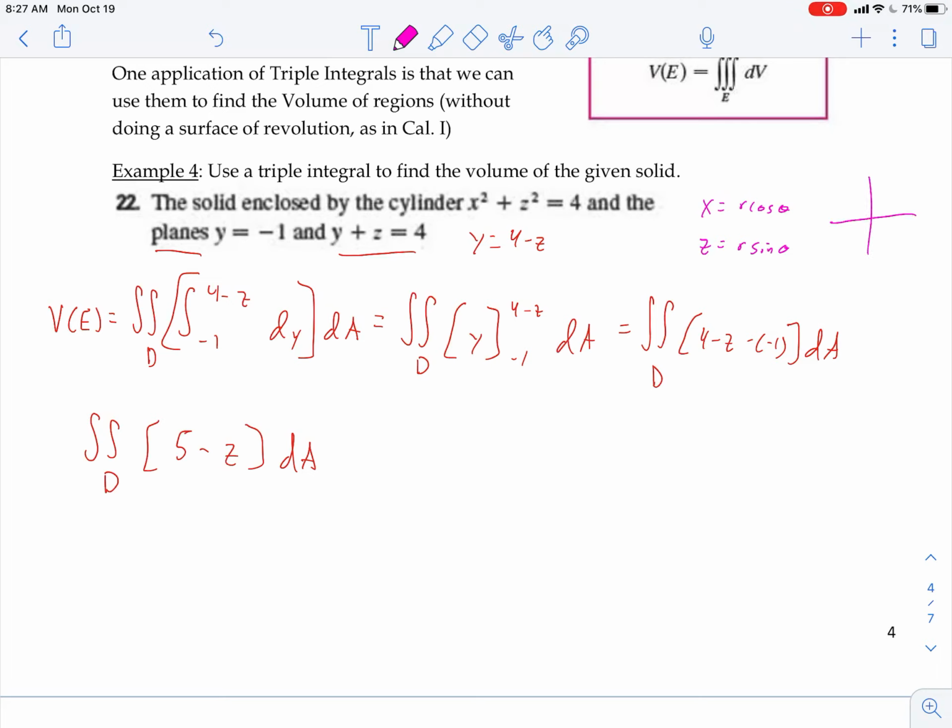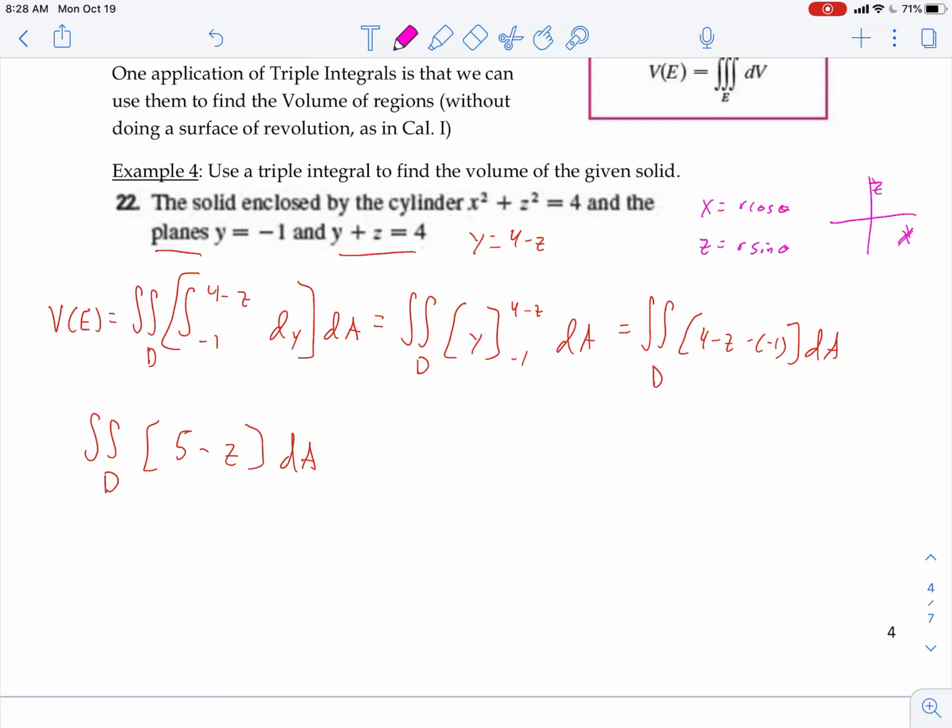Instead of y being r sine theta, we can make z equal to r sine theta. This is going to be the x and that's going to be the z, which is going to take the place of the y. All right, and so looks like we have a radius of 4. I'm sorry, a radius of 2 if x squared plus z squared equals 4.